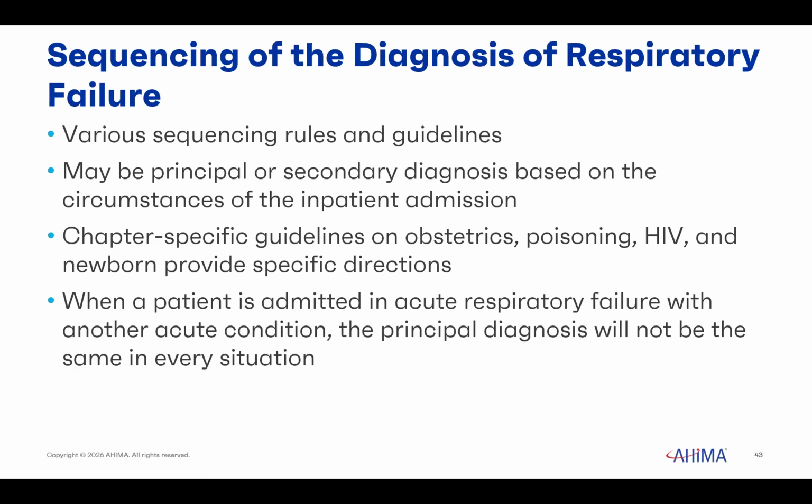There are specific guidelines for each chapter on obstetrics, poisoning, HIV, and newborns that will require specific instructions about what gets coded. If a patient's admitted with acute respiratory failure and another acute condition, the principal diagnosis will not be the same in every situation. The key here is to read the documentation.